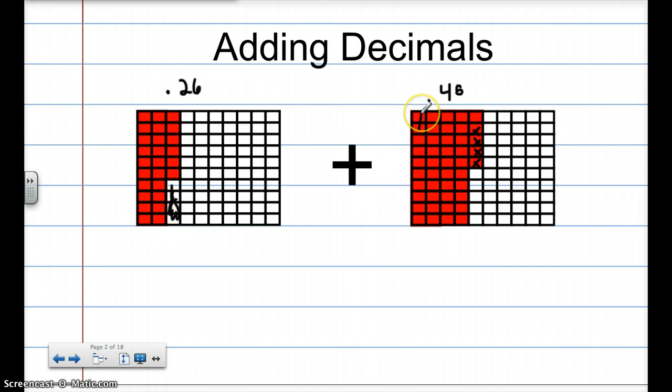So then I'm going to take this tenth, move it over here, and I'm going to take this tenth, move it over here, and I have 1 hundredth left, and I'm going to mark it off over here. So when I look at this, I see that I have 10, 20, 30, 40, 50, 60, 71. So my answer would be 71 hundredths.